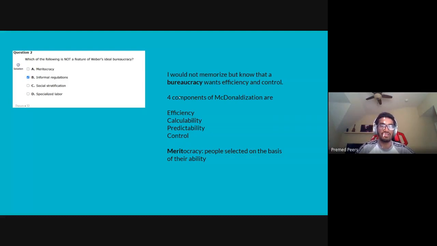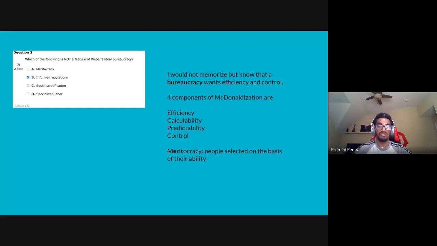So in this case, in terms of efficiency, we have the meritocracy component of an ideal bureaucracy, where the role that each person is in is designed for them. They're most ideal for that role because they have the most merit to take it on.